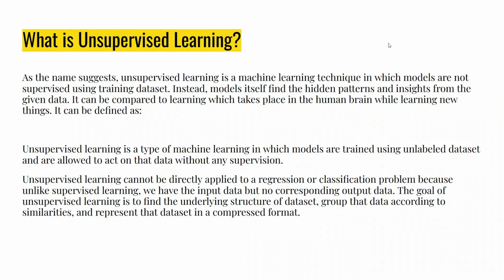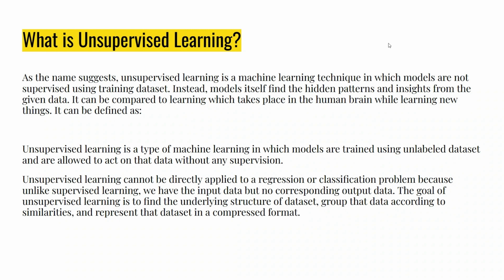It can be compared to learning that takes place in the human brain while learning new things. It can be defined as a type of machine learning in which models are trained using an unlabeled dataset and are allowed to act on that data without any supervision.